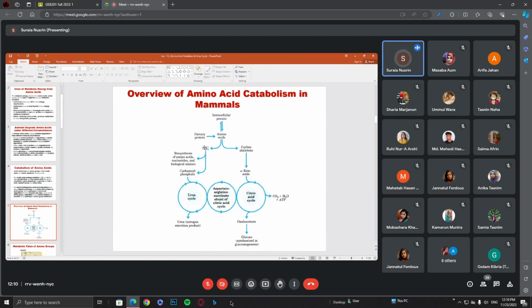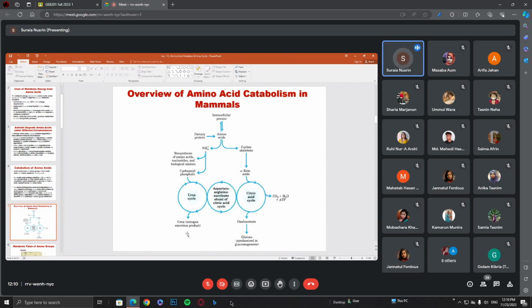So here we can see the amino group becoming carbamoyl phosphate, which enters the urea cycle, and the end product of the cycle is urea, which is excreted. It is a nitrogenous waste product, and it is toxic to our body. So our body excretes it through the urine.